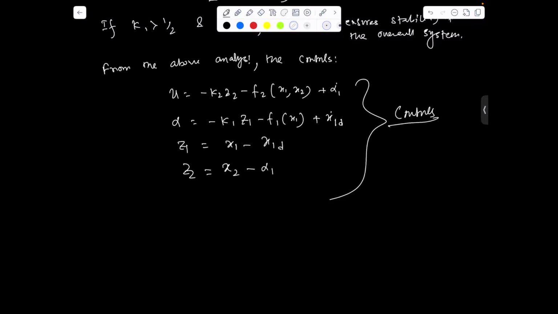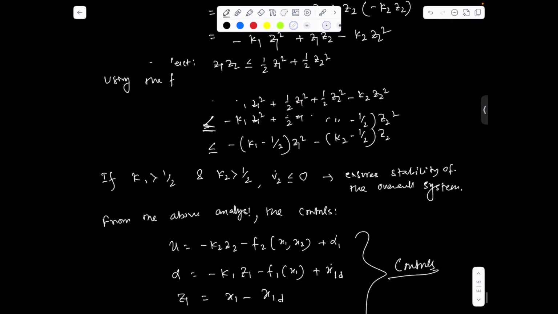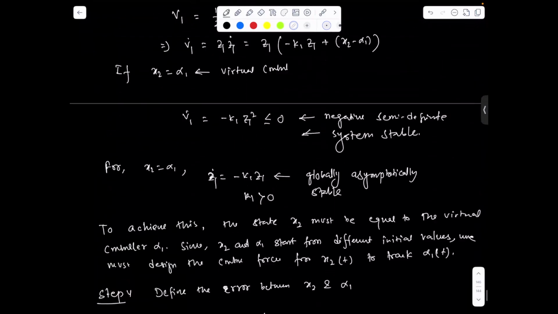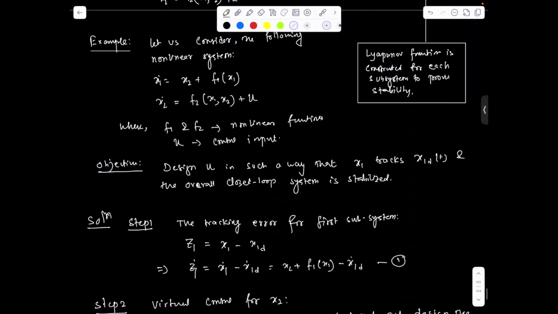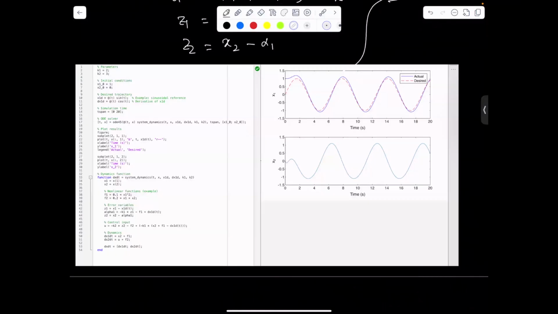Now we'll go to the MATLAB code and see how we can validate the whole concept and verify the result. Here, whatever process we have done in this lecture is there.